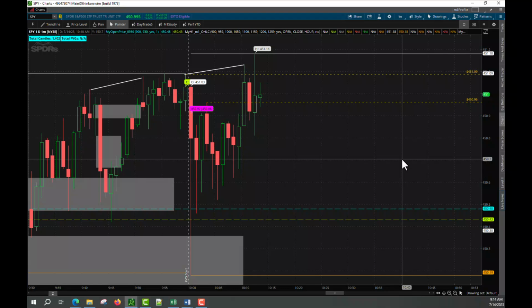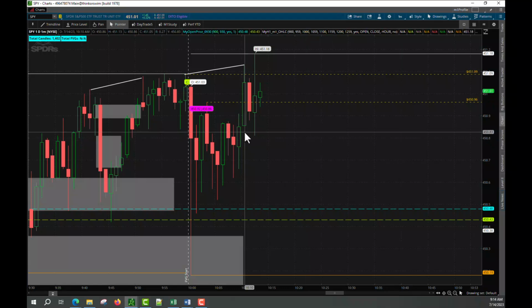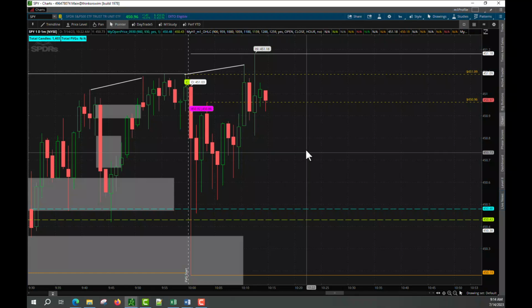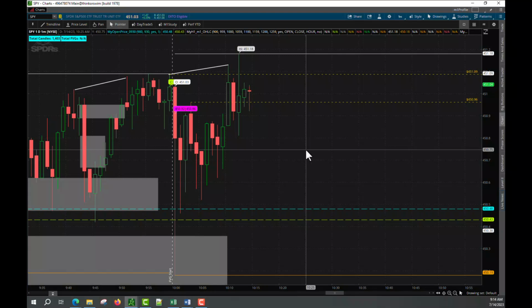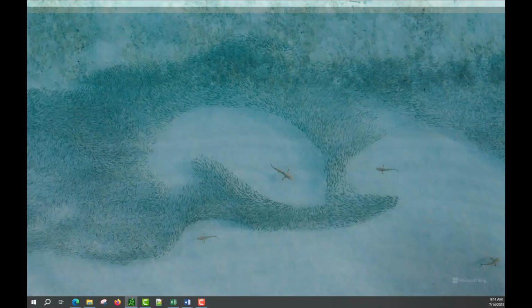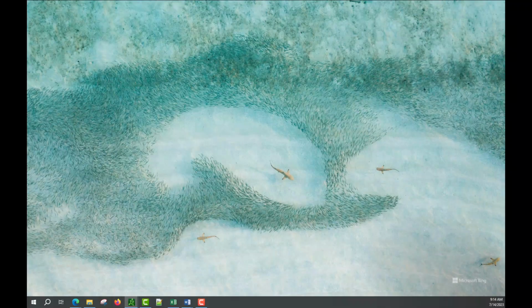So according to the model, at 10:30 we will know the high of the day and the low of the day with 87% probability. Let's take a look here.